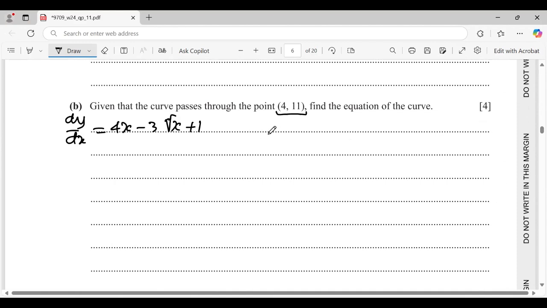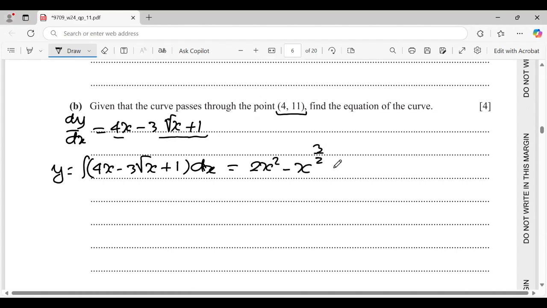To find y, we need to integrate this expression. So y equals the integral of 4x minus 3 square root x plus 1 dx, and the integral is 2x squared minus x to the power 3/2 plus x plus c.